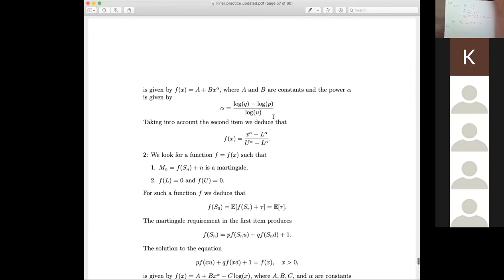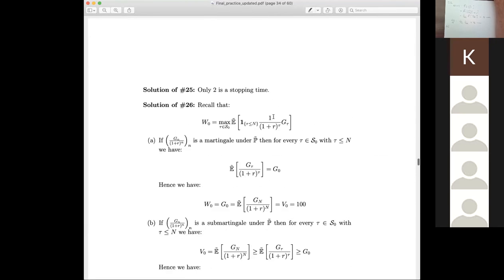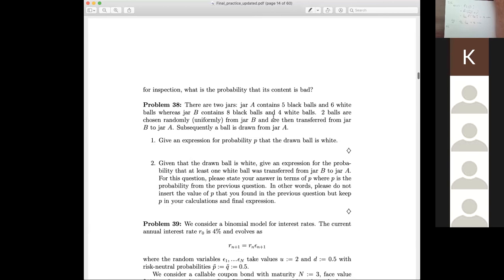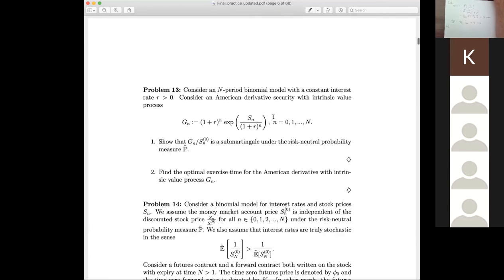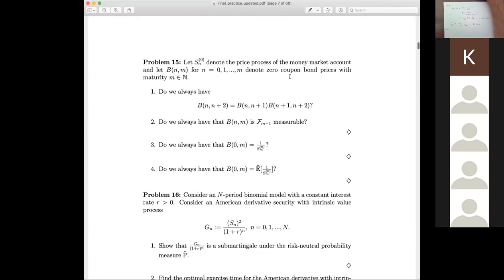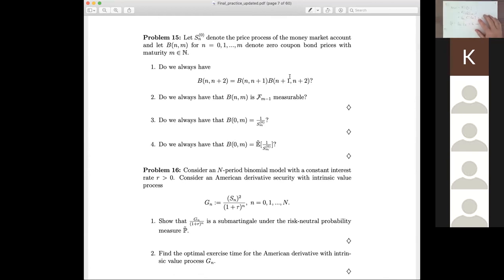Okay, so here it is. Do we have that you can multiply through like we have in question 1?